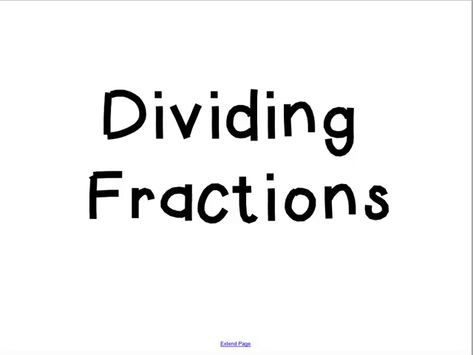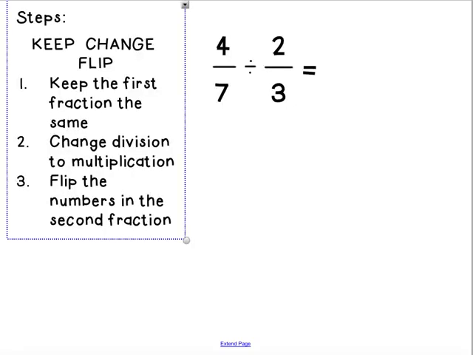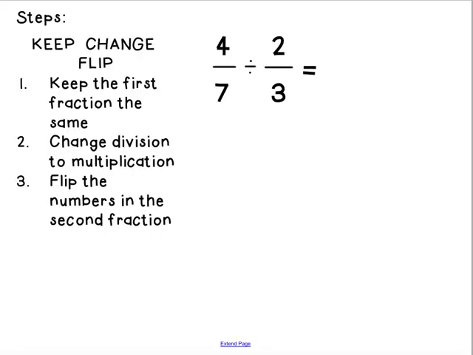Alright, now on to dividing fractions, and I have my steps here again. So remembering keep, change, flip, and I will put that video on the resources as well for our keep, change, flip song that I know gets stuck in your heads.